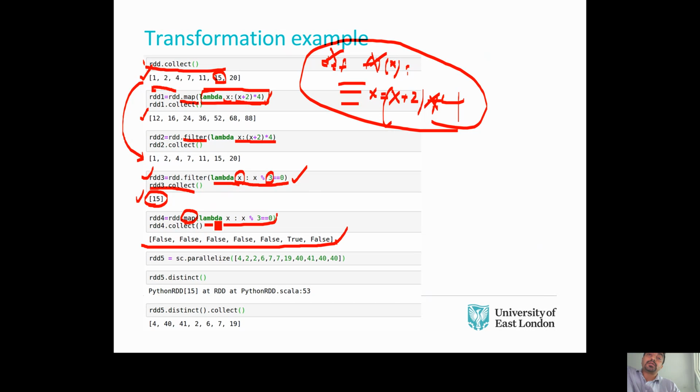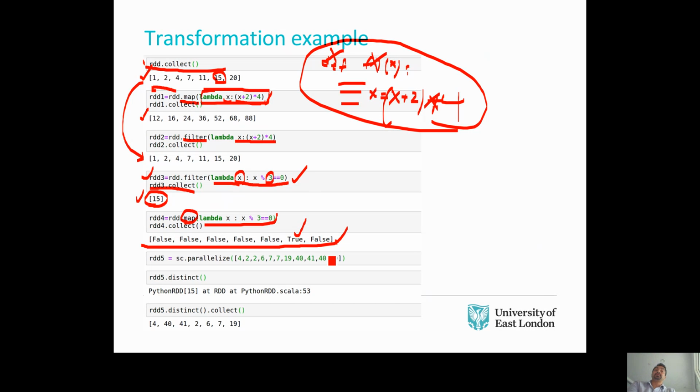If you run map, it's going to check one by one. 1 divided by 3, the remainder is 0, no, it prints out false. 2, no, prints out false. And so on, reaching 15. The remainder of 15 divided by 3 is 0, yes, it prints out true.